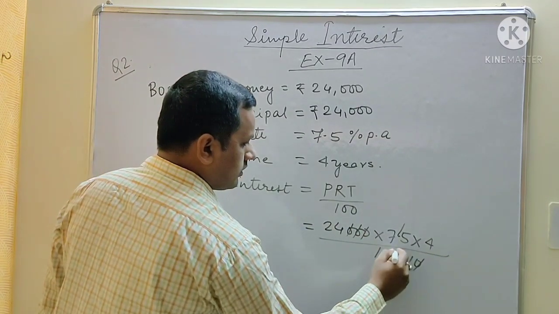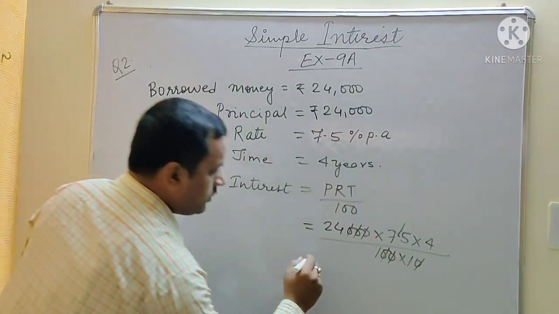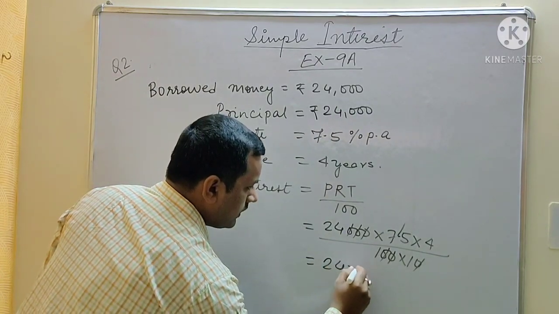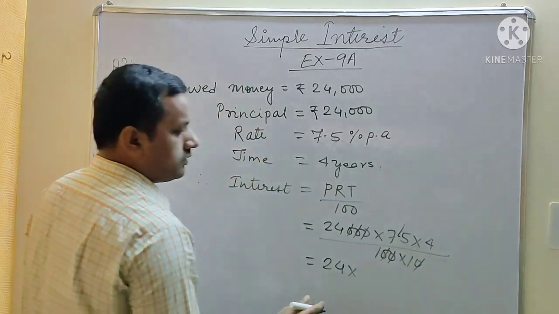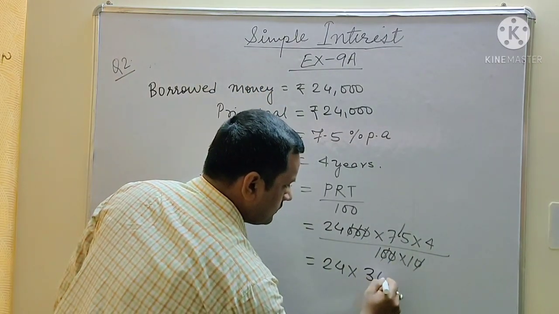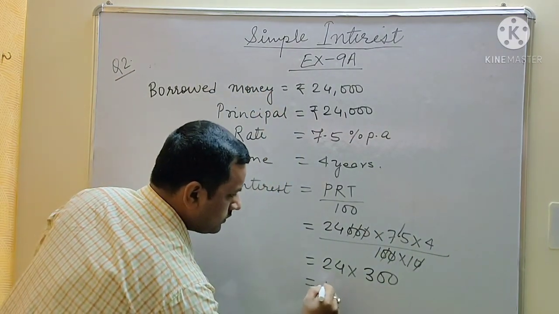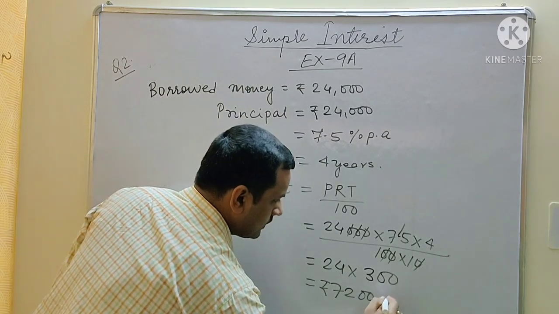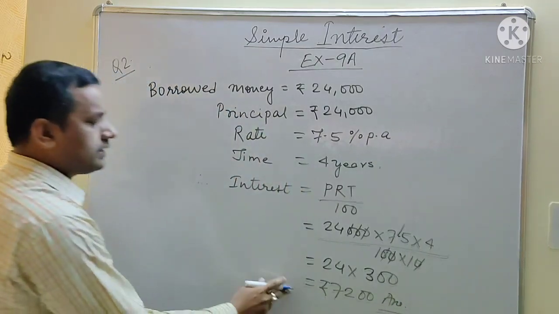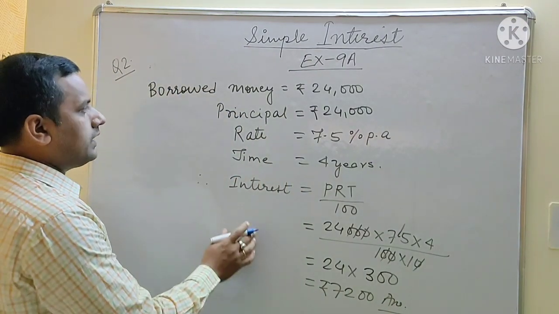Then we can cancel the common factors, the 3 zeros. We get 24 into 75 into 4, that is equal to 300, which will be equal to rupees 7,200. This is my extra, that is my interest which he has to pay.